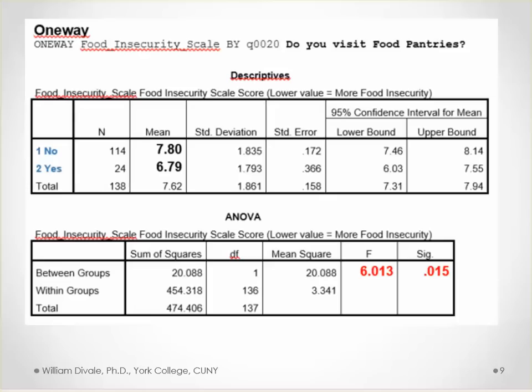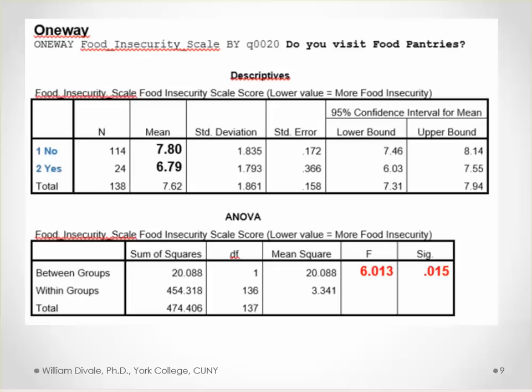And the F score is 6, and the significance level is 0.015, which is 1.5%. Remember, anything less than 5% we would consider not being due to chance. So people who go to food pantries experience more food insecurity, and this is how you would interpret an ANOVA that you would run on your statistical data.